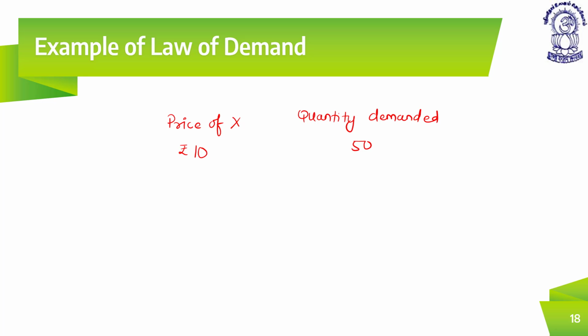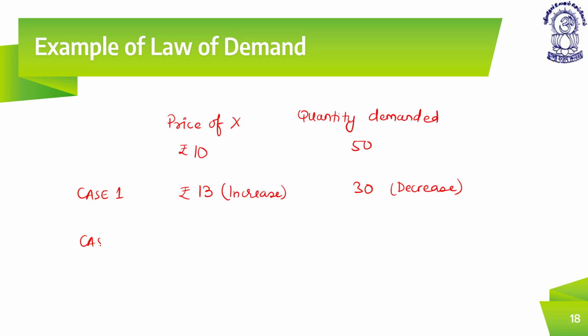If the price of the product changes from 10 rupees and reaches 13 rupees, that means there is an increase in the price. So there would be a decrease in the quantity. The quantity falls from 50 to 30. Understood? This is case 1.